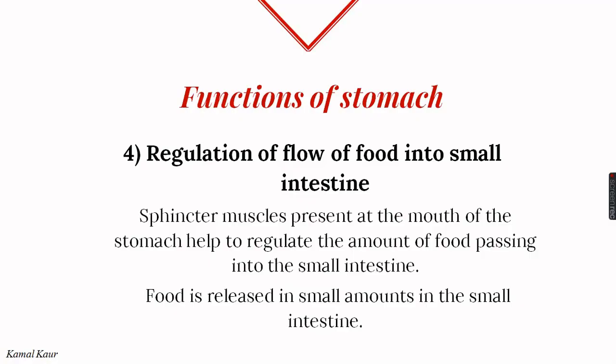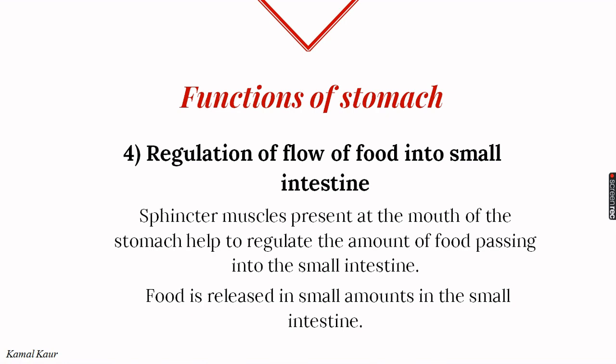Fourth function of stomach is regulation of flow of food into the small intestine. It means that from the stomach food is not simply pushed into the small intestine, but at the mouth of the stomach there are strong muscles called sphincter muscles which remain closed, and they open for some time and some food is passed from the stomach into the small intestine and then they close again.